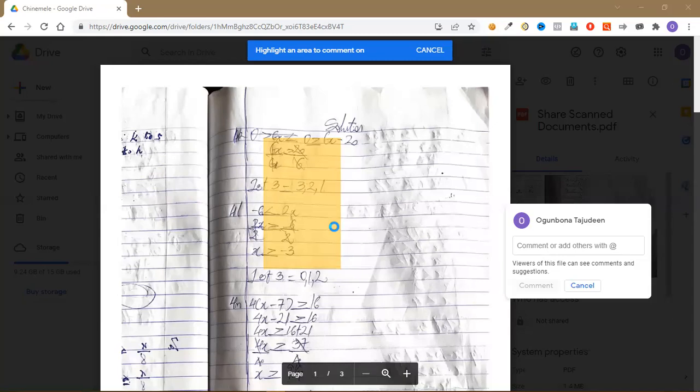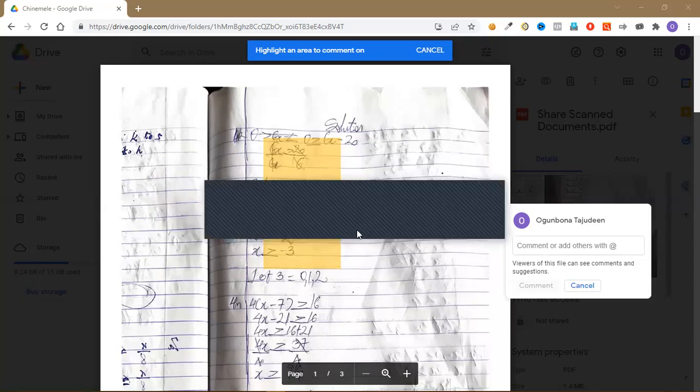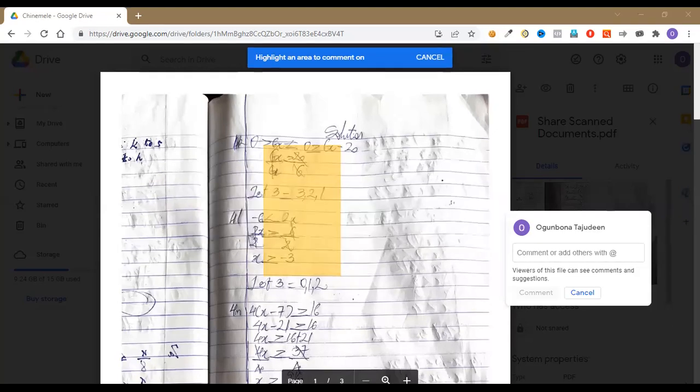I'm trying to do something underground so that I can easily pick this and put it there.